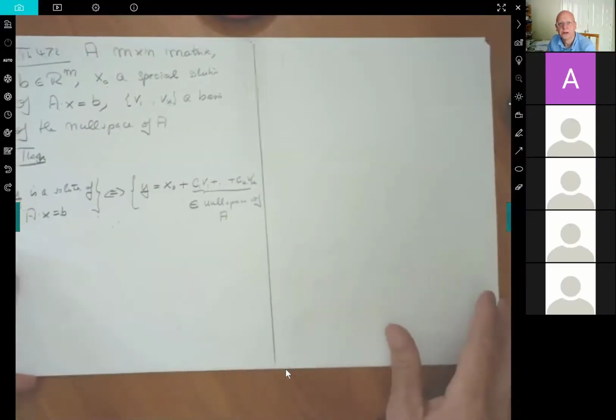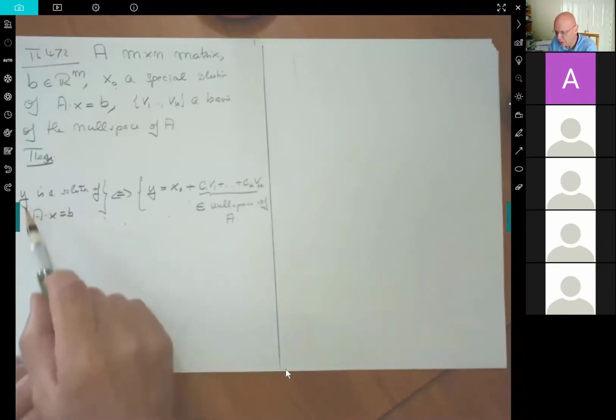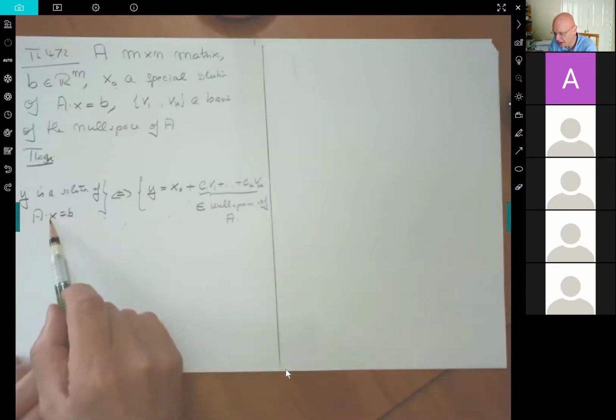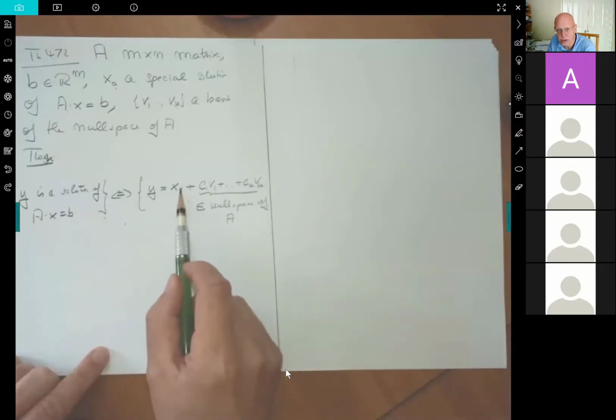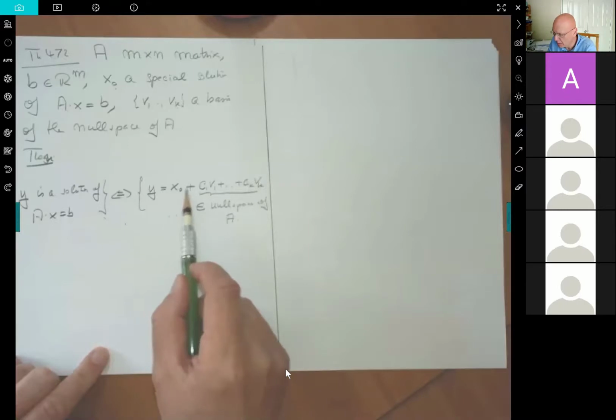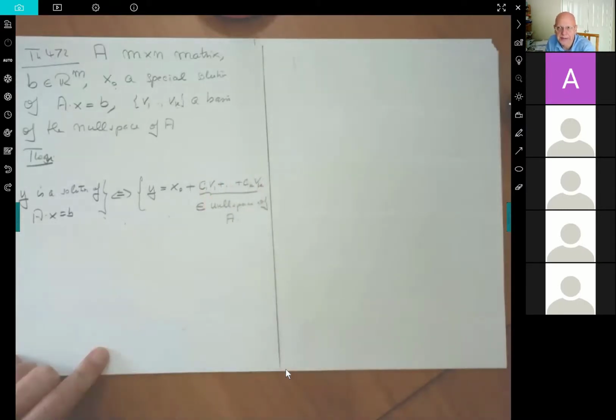So this was the result which I wrote down before the break. A solution of this equation system is always given by a fixed solution, or a special solution, plus elements of the null space.